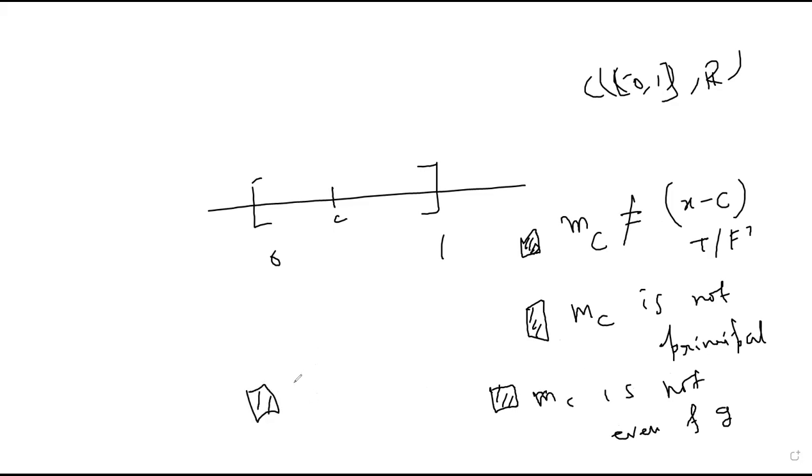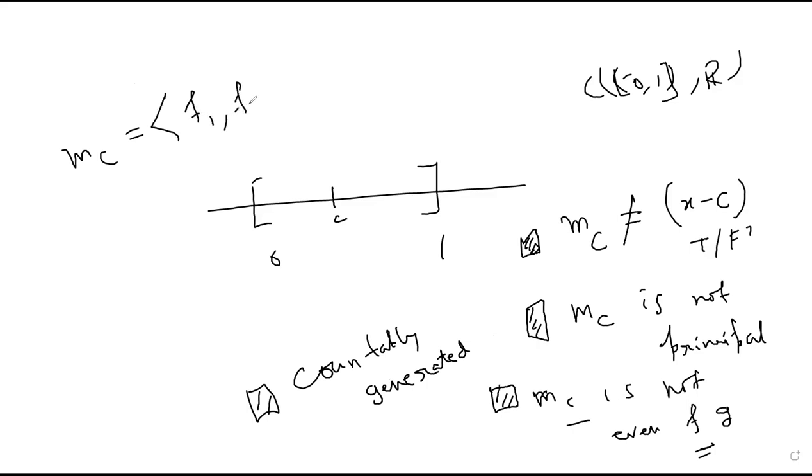And the last thing is that M_c is not even countably generated. This is really a huge ideal. You can try to prove it's not finitely generated. Let's say M_c is generated by some functions f1, f2, up to fn.